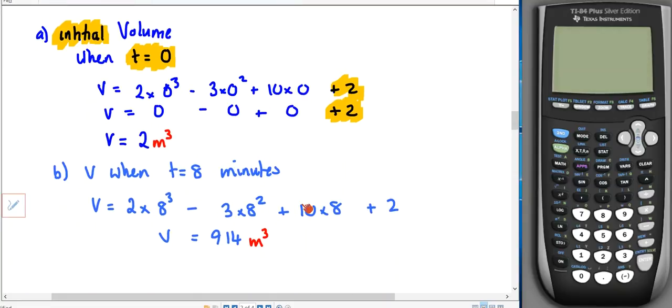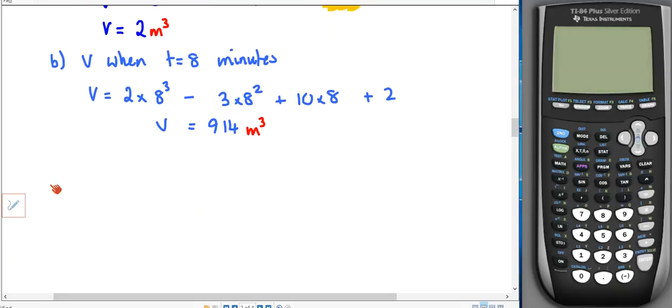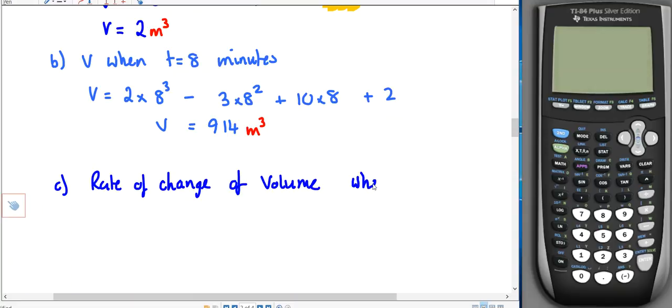Okay. Then, finally, we are being asked to find the rate of change of the volume, okay, when T equals 4. Or actually it says rate of, it actually says increase.